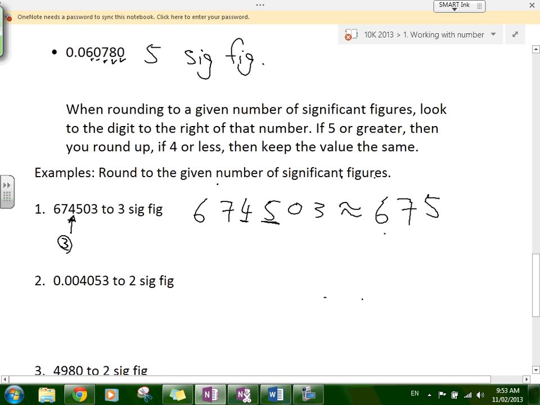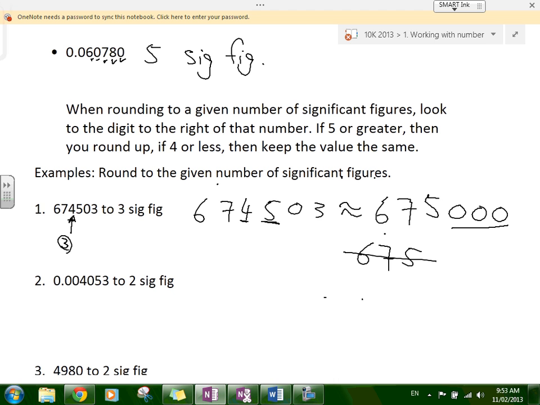But it's also important that I write the zeros here, the place value holders. These zeros aren't significant, but they make this number into 675,000. If you write here 675, that's not correct. 675 is not an estimate of 675,000. That's an important point to remember.